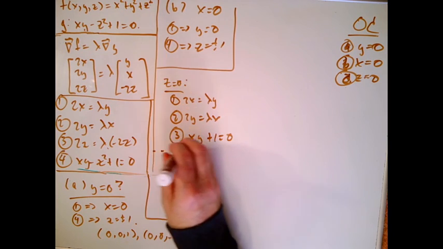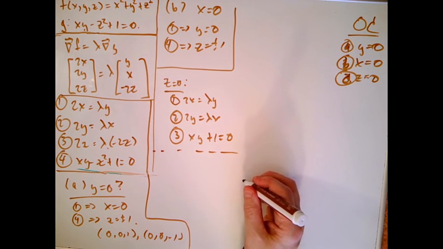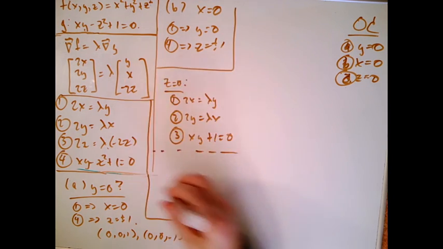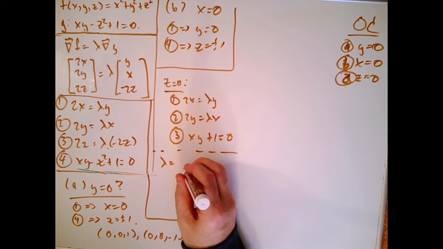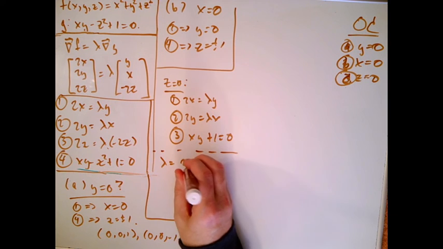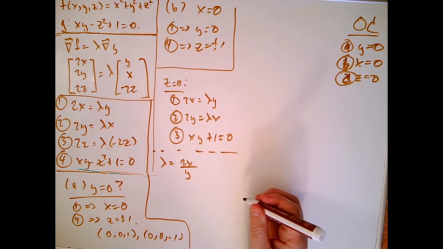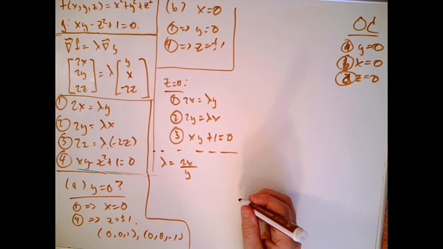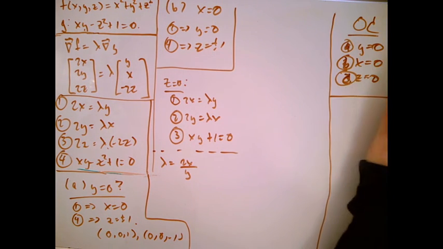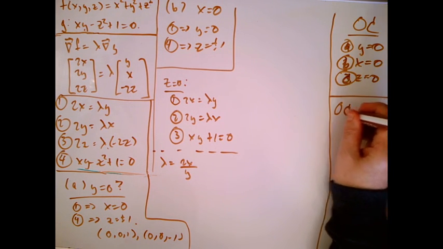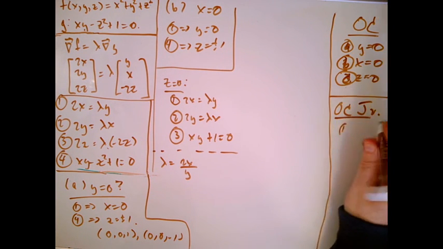In other words, for our mini Lagrange multiplier question with just these 3 equations, I start solving for lambda. I get lambda equals 2x over y. Now, I just assumed y equals 0, but I've already used up my oh crap list. So what I'm going to have over here is oh crap junior. Yeah, that's it. How about if we call this D?